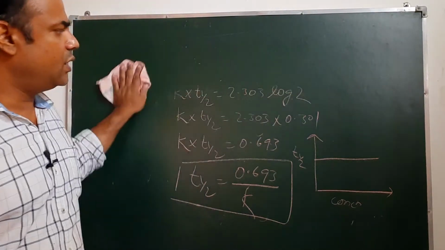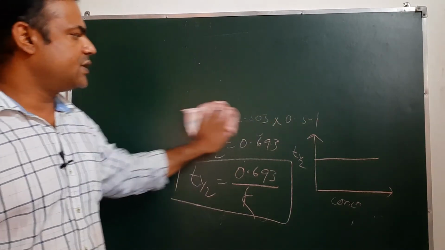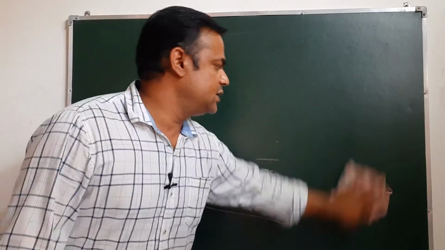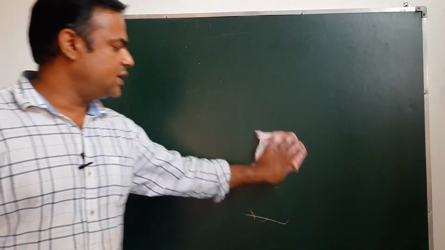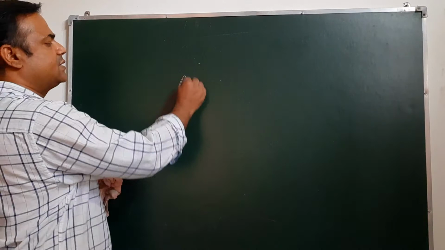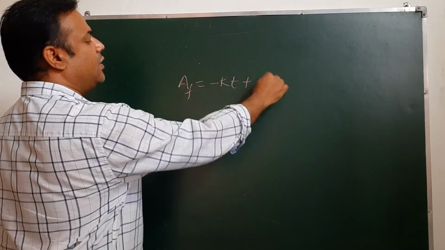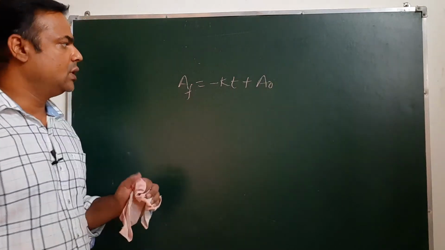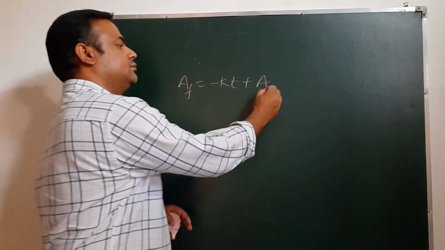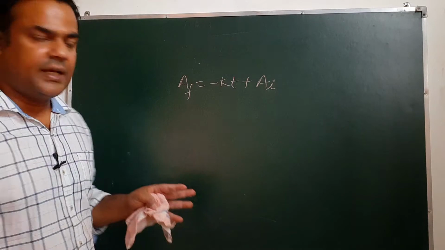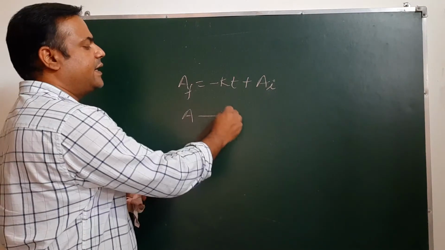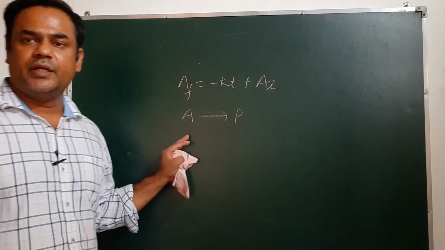Now let's see the zero order reaction. I have already discussed zero order, so we just look at it. What is the case of zero order reaction? In zero order reaction we have studied A final equals minus KT plus A naught, the initial concentration. Now suppose any chemical reaction, the same reaction where reactant is converting into product, is zero order.